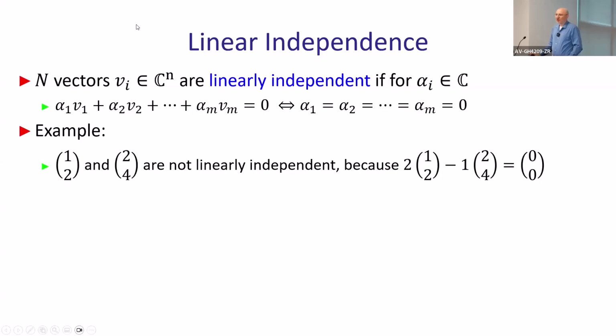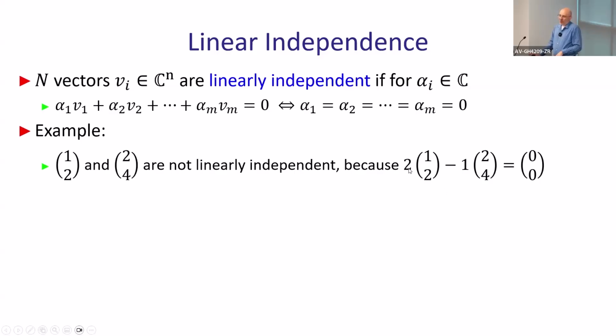It says they are independent, so it should say dependent, not independent. I need to rephrase it, it doesn't read right. This is correct: they are not linearly independent, which means they are linearly dependent. This is what it needs to be.